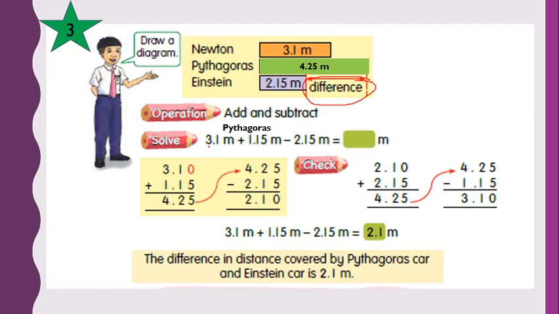What we do here is for Pythagoras, we have already here 4.25, and then we subtract with the distance covered by Einstein, this one 2.15. So the difference is 2.10 or 2.1 meter. Alright. So you have to be very careful about this question.